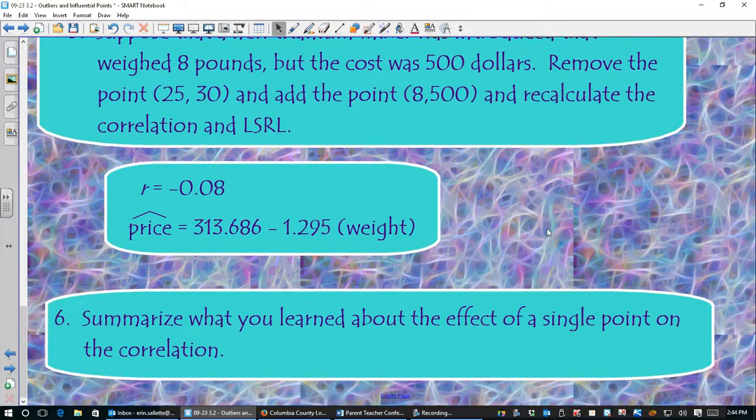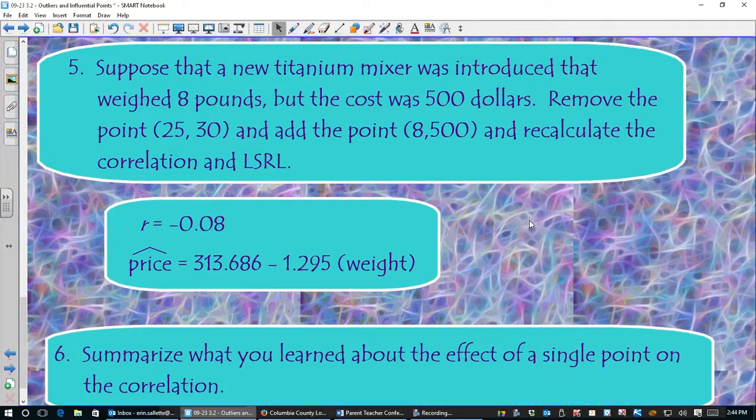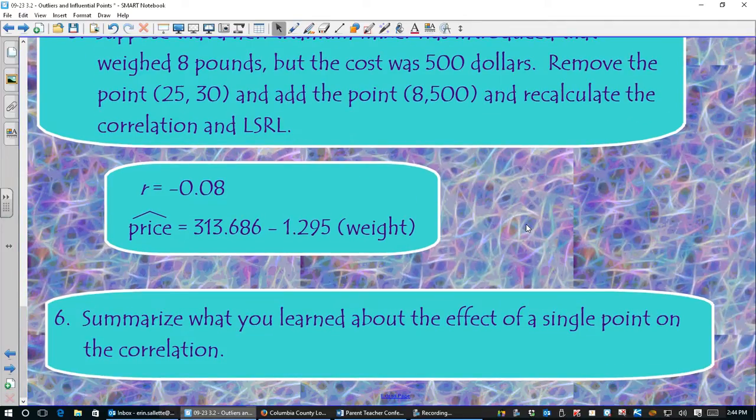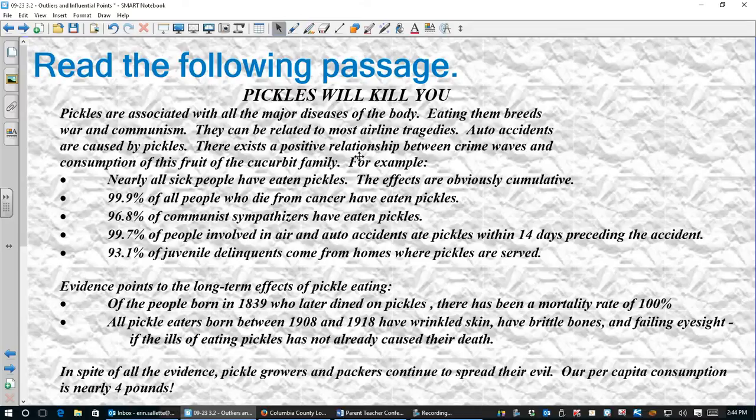So now you want to summarize what you learned about the effect of a single point on your correlation here. Be ready to bring it with you to class on Monday. Also, on Monday, you need to have read the following passage in your note guide here where it says, "Pickles will kill you."